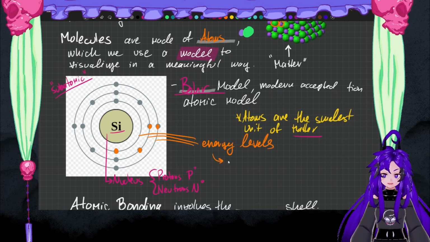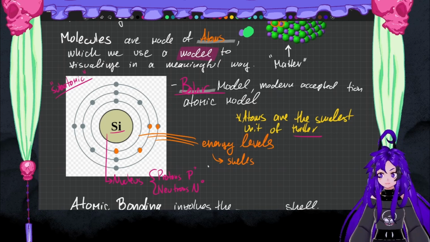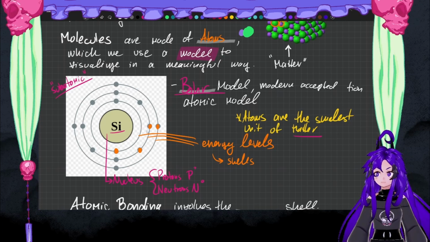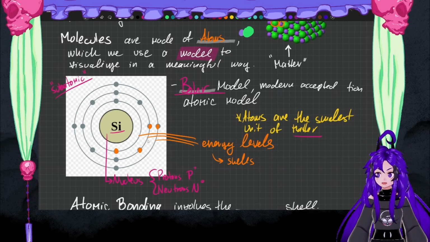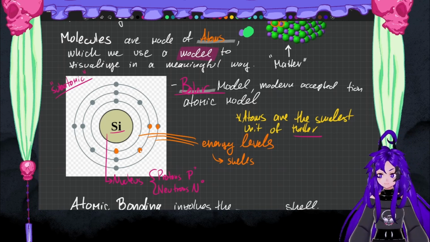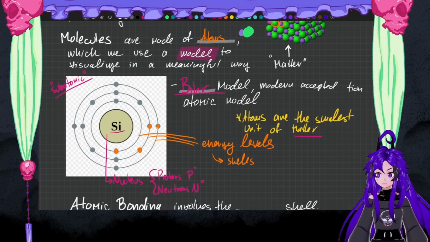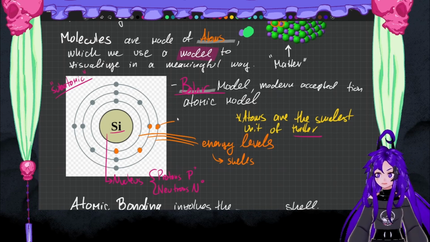We also call them shells. But basically, these are the only places you can find electrons: here, here, here, and so on. Some atoms have more or fewer levels, but they all have at least one, and they all have the potential to have at least one electron.